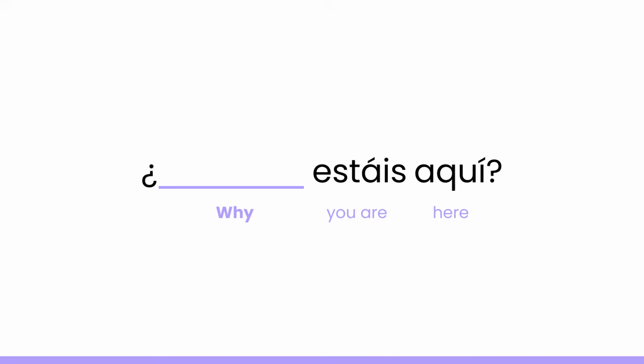So then this doesn't become por qué estás aquí, but para qué estás aquí, because we're forming the sentence as a way of saying for what reason are you here? ¿Para qué estáis aquí? And again, literally translated, it means why, para qué, you are, estáis, here, aquí.